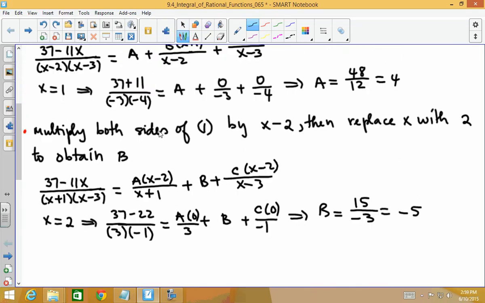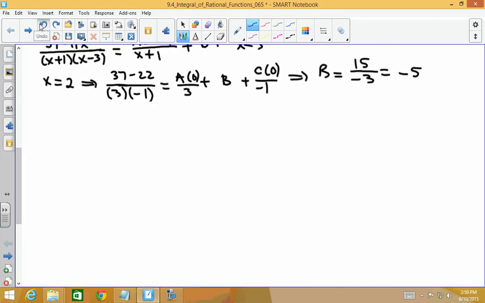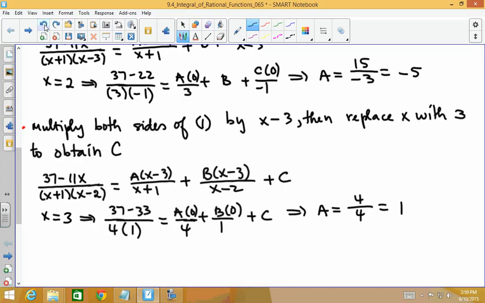We do exactly the same thing for c, except that we are now going to multiply both sides by x minus 3. We multiply both sides by x minus 3 and then replace x with 3 to obtain c.